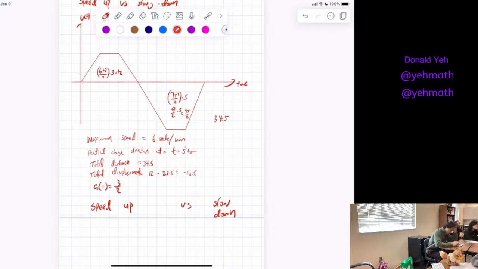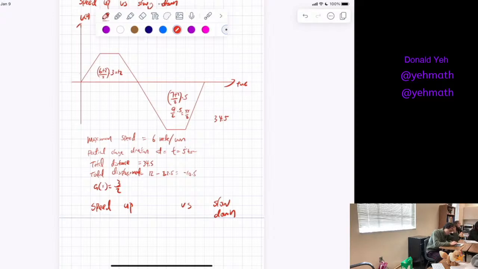Now going backwards is a little bit different. Going backwards, I'm going this way. My velocity is negative or positive? Negative. When I see my stop sign, my velocity is negative and my acceleration is positive. It's going to go this way, because Superman had to push this way, right?